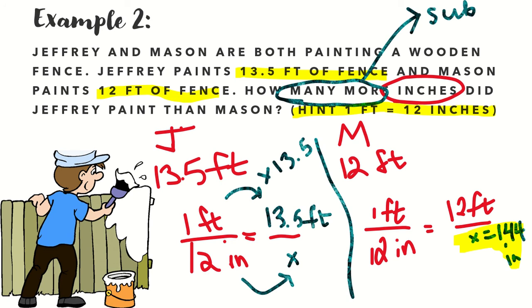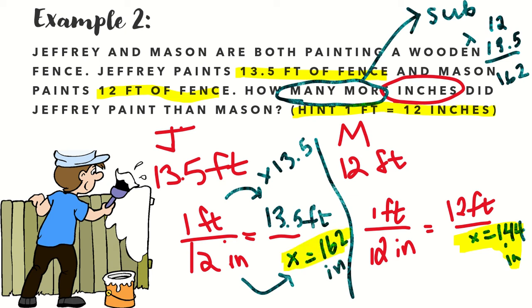Let's do it over here. 12 times 13.5. Why don't y'all pause and calculate that for me? All right, that is 162. Okay, I worked it out. I didn't have much room, so I worked it out separately. 162 inches. We've got the conversions.